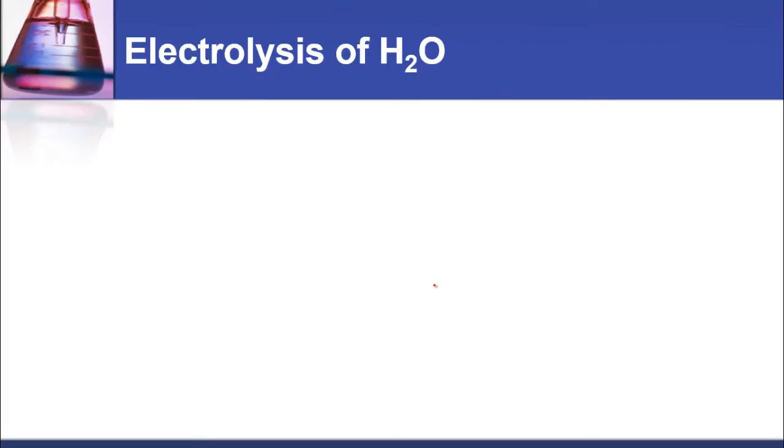Okay, so what happens at the cathode? Now the cathode is negative, so you should know that we have two positive ions, from the previous slide. We've got Na+ and H+. So which one is going to be reduced? If you remember, reduction happens at the cathode.